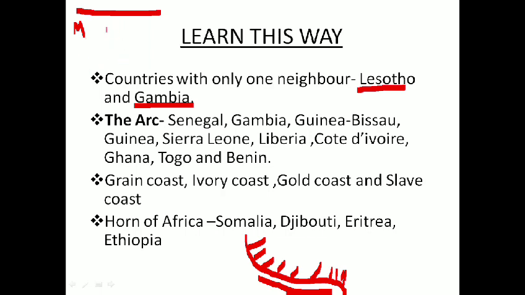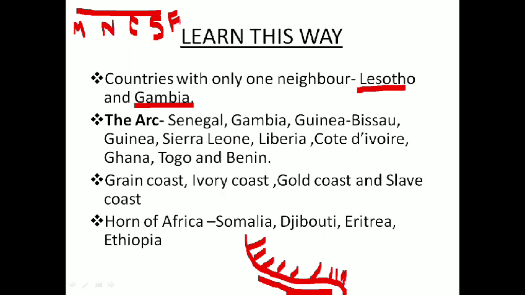Next you take Niger, from west to east, from your left to right. If you move: Mauritania, Niger, we have Chad, we have Sudan, and we have Eritrea.